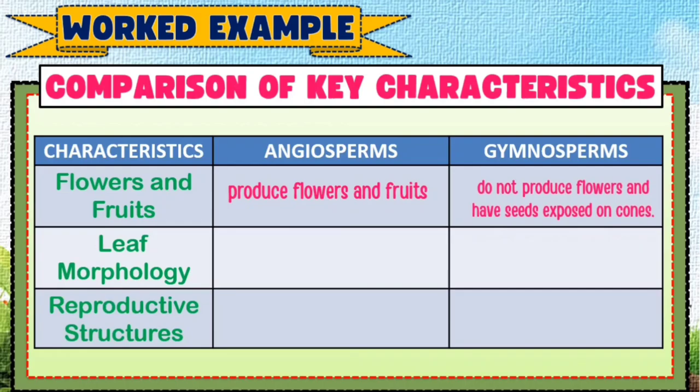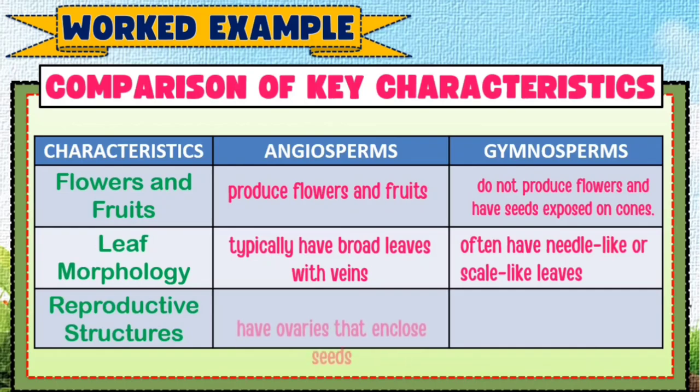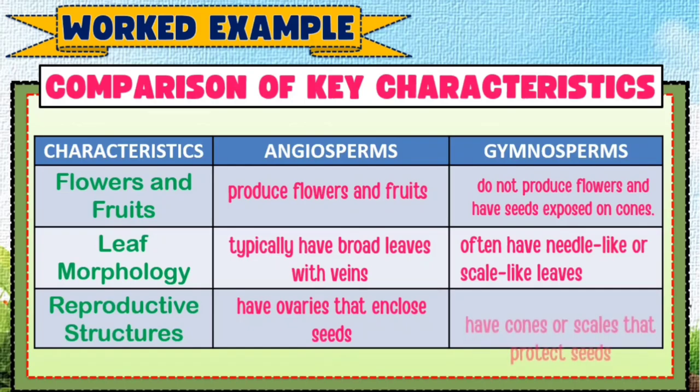Next category is leaf morphology. Angiosperms typically have broad leaves with veins, while Gymnosperms often have needle-like or scale-like leaves. Next characteristic is reproductive structures. Angiosperms have ovaries that enclose seeds, while Gymnosperms have cones or scales that protect seeds.